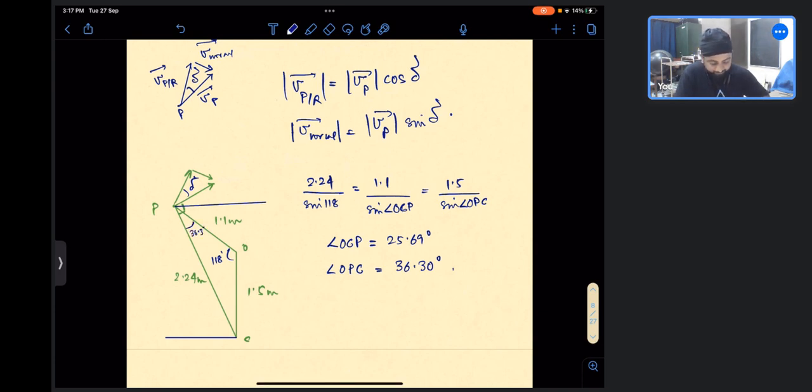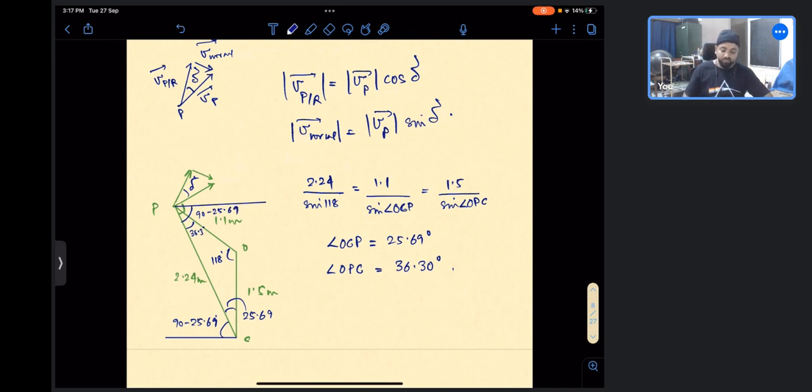Okay, this is 25.69. So naturally this angle will be 90 minus 25.69.